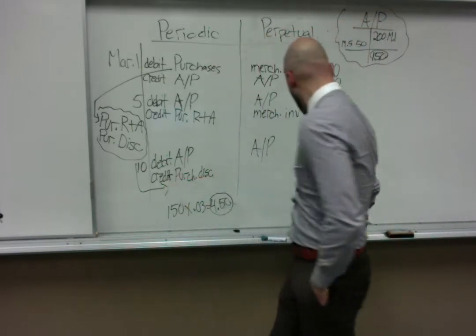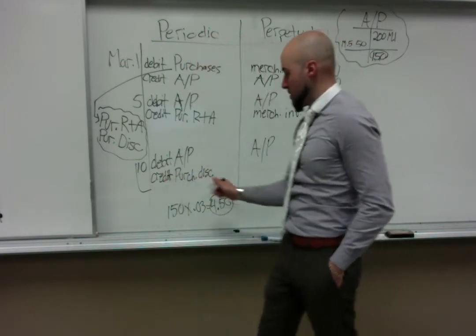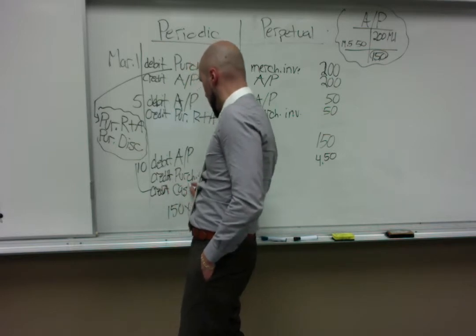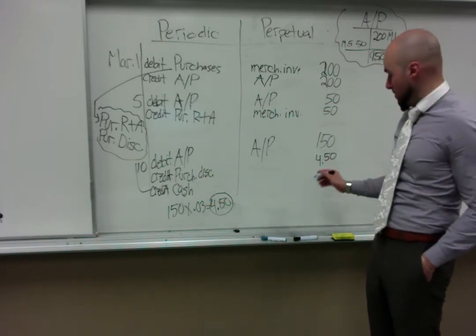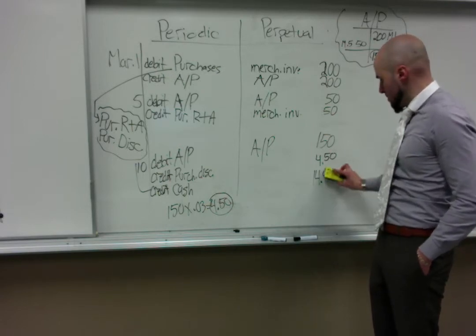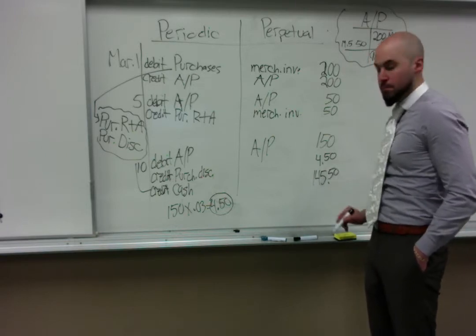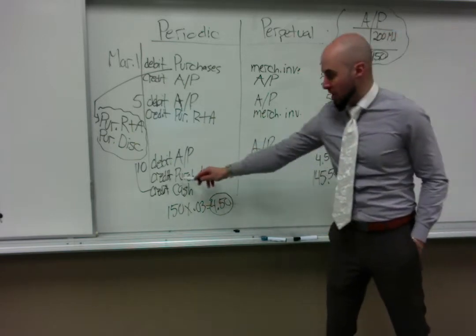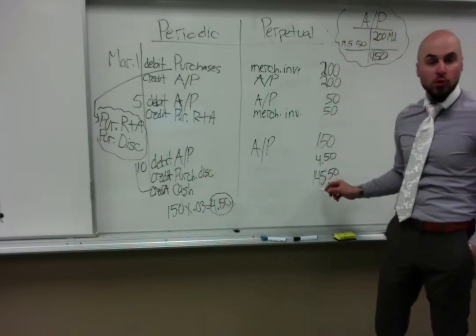Credit actual, factual cash for the difference, the actual amount that you're paying after the discount is applied, $145.50. Okay. Debit accounts payable $150. Credit purchase discounts $4.50. Credit cash $145.50.